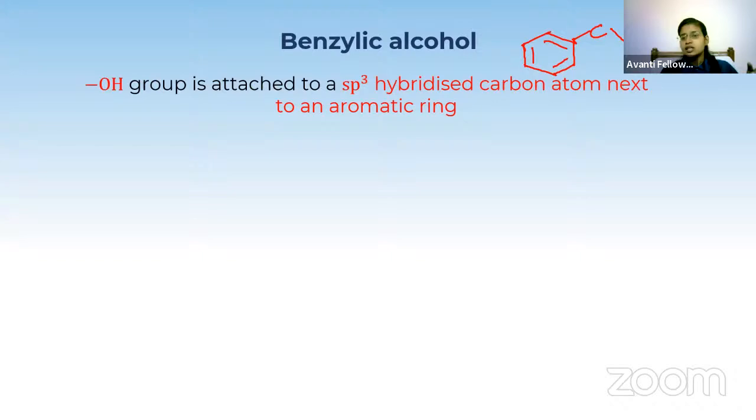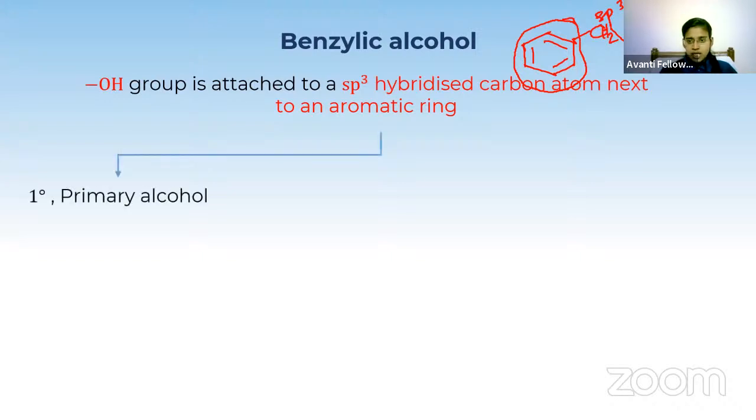Now you read the statement, OH is attached to an sp3 hybridized carbon atom which is next to an aromatic ring. Got it? So here I may have CH2 and I may have CH or I may have only C. So that is what I'm going to classify now.